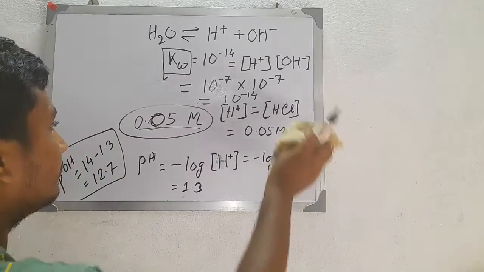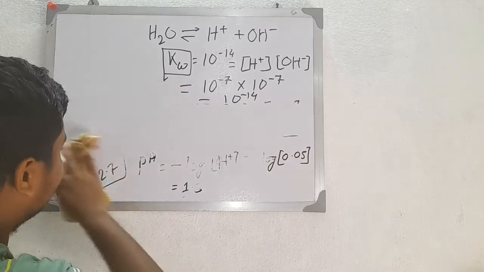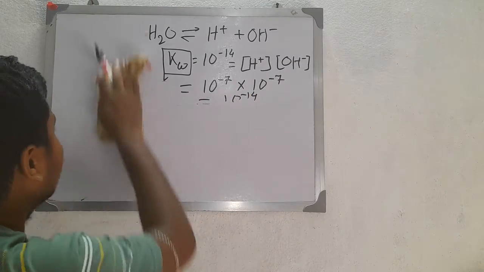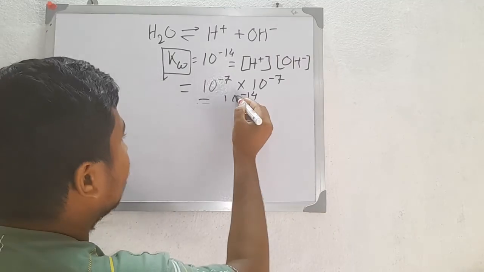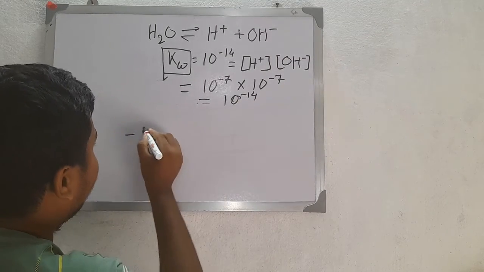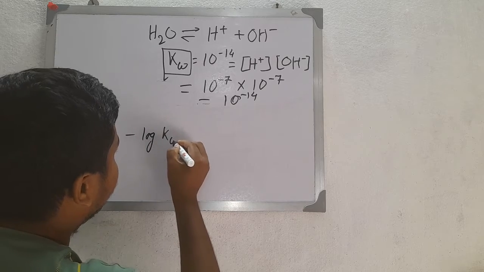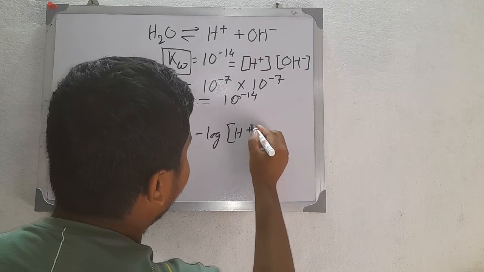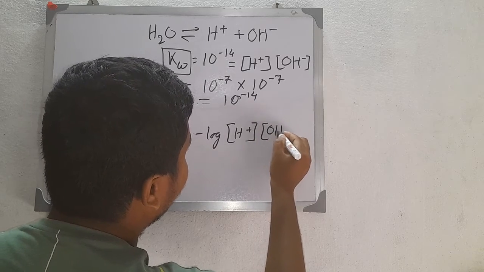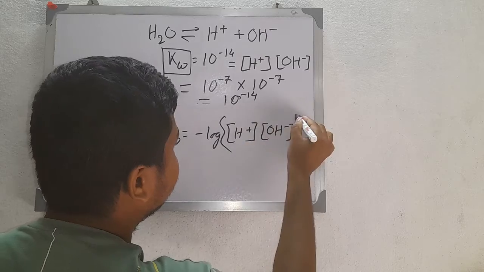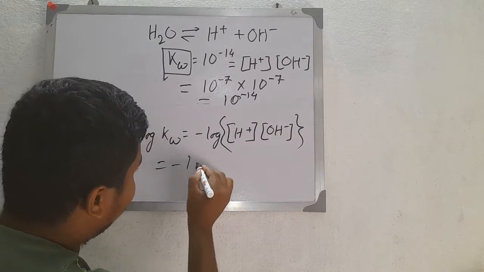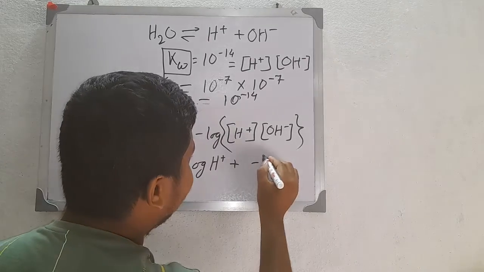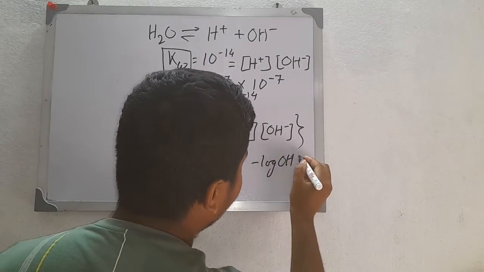Now we take minus log of Kw, meaning minus log of the concentration of H plus times the concentration of OH minus. That means minus log of H plus, minus log of OH minus.